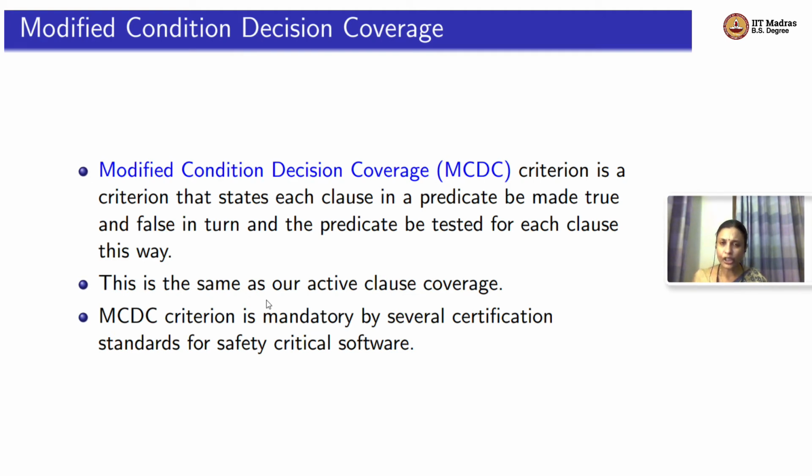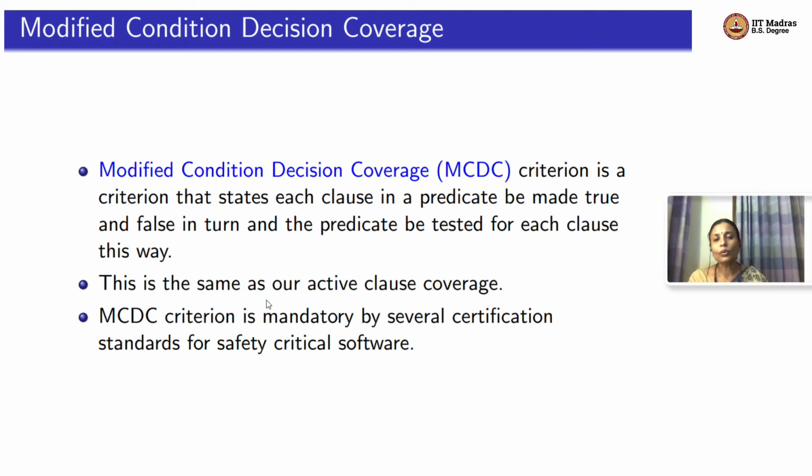Individual conditions in the decision are the clauses. I modify conditions individually. That is, I consider each clause to be the major clause individually, assign it true or false. That is the modification, such that the decision or the predicate is covered. That is, it becomes true or false once again. So MCDC, which you find otherwise in the testing literature, is what we call active clause coverage.